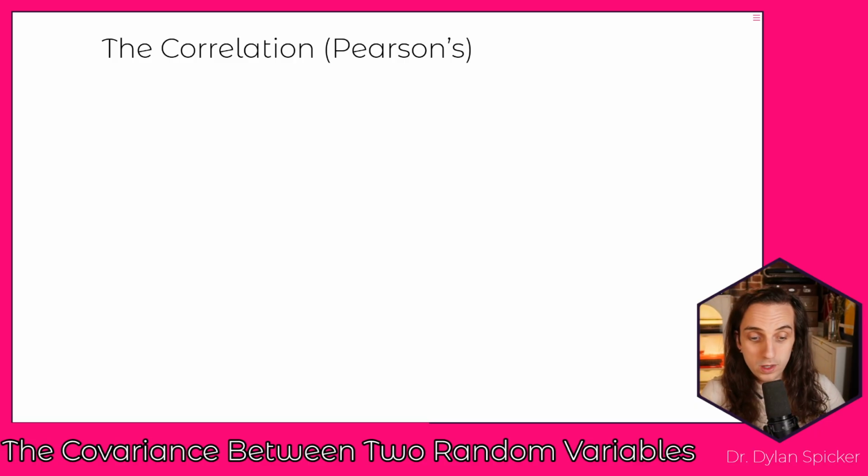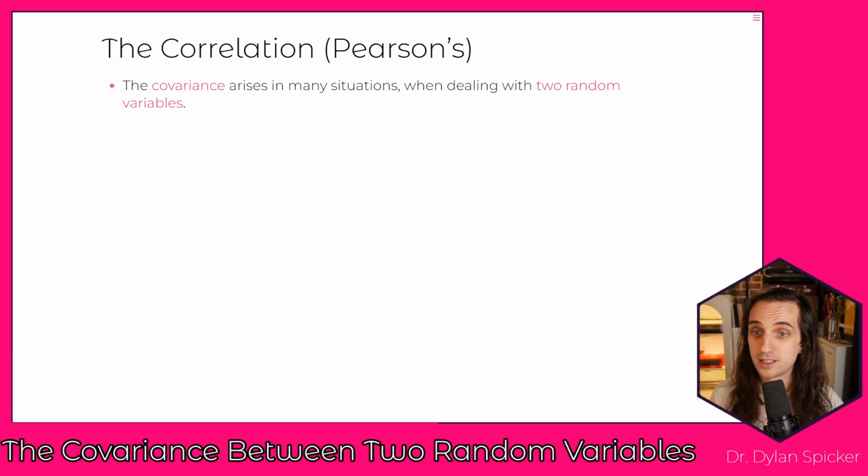Okay. Now, with the covariance, because it's an unscaled measure, we don't actually know how strong the relationship is without further context. And in order to address this, we can introduce the correlation, and specifically Pearson's correlation. So what is the correlation? Well, the correlation is going to be a standardized version of our covariance.